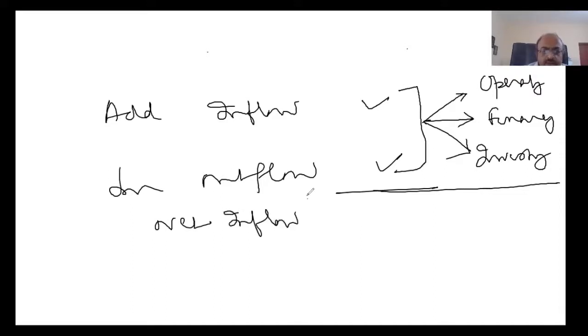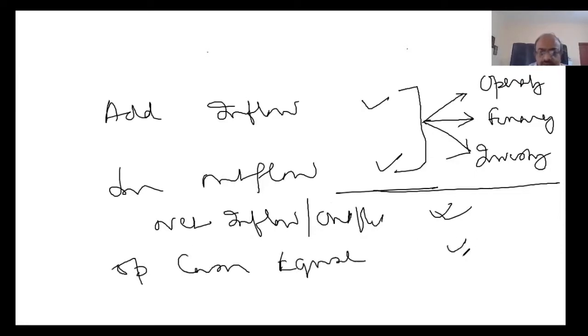It can be inflow or outflow, net of this. Then you take opening cash equivalent. If you adjust, that means from the top you just brought it down, and what do you get? Closing cash equivalent. It's only a structure.